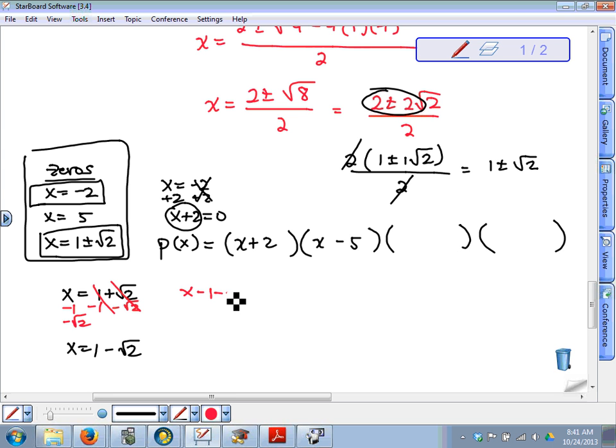X minus 1 minus the square root of 2, and that equals 0. Now that it equals 0, that's what goes inside the factor. X minus 1 minus the square root of 2. What is the other factor going to be? X minus 1 plus the square root of 2. Those are all 4 factors of the original polynomial p of x.